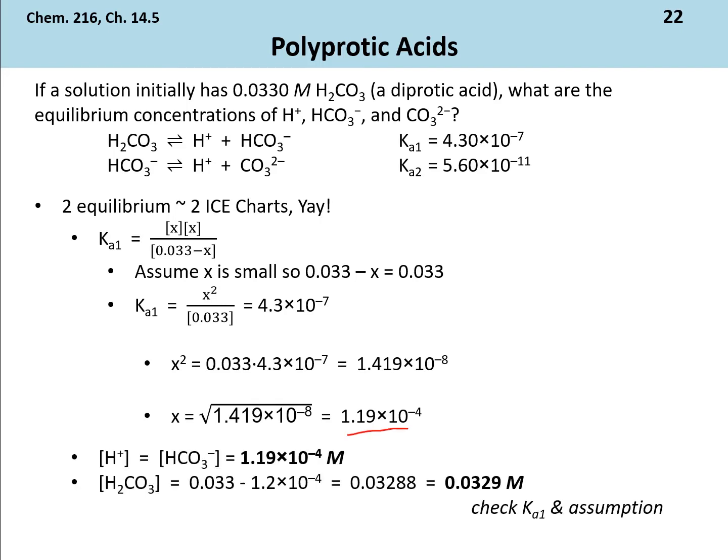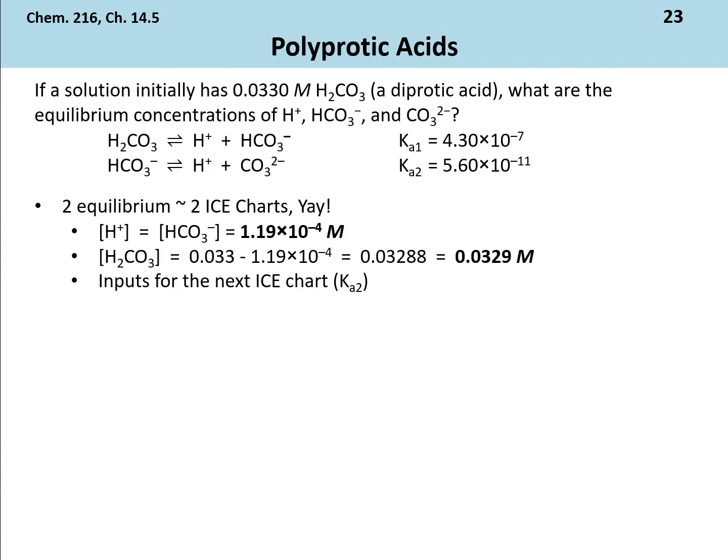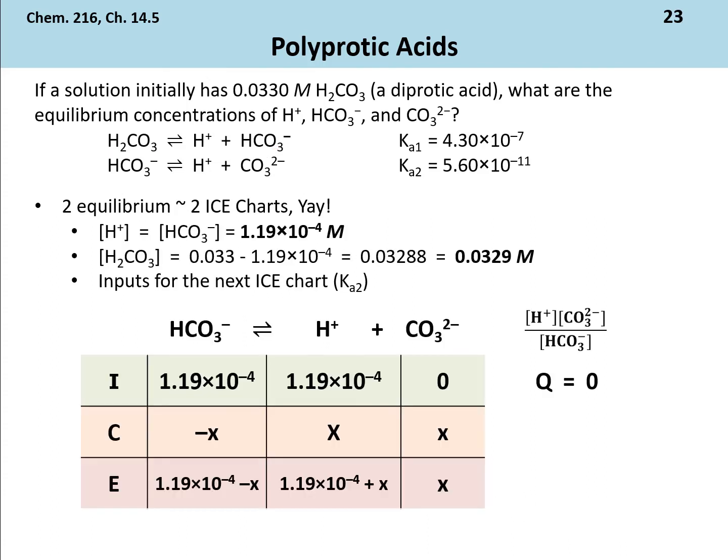I plug that in, and that's going to get me my concentrations of the species in my first equation. I can then plug these values into my second ICE chart, right? Notice H2CO3's concentration doesn't go into the ICE chart. Why? Because it's not in the second equation. Okay. All right, and then I could solve for X and blah, blah, blah, right?